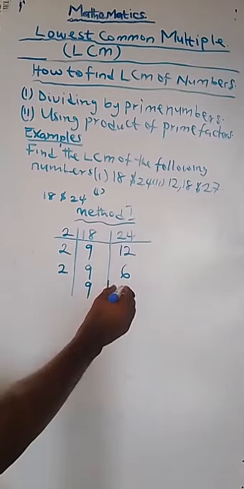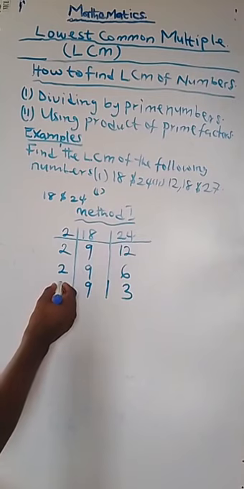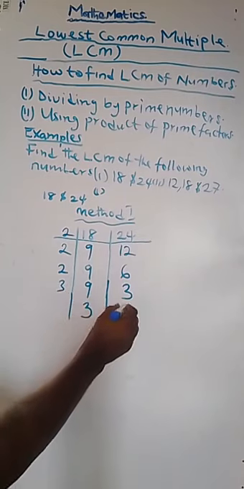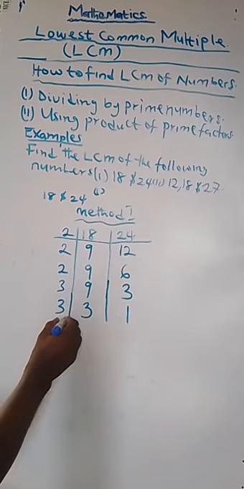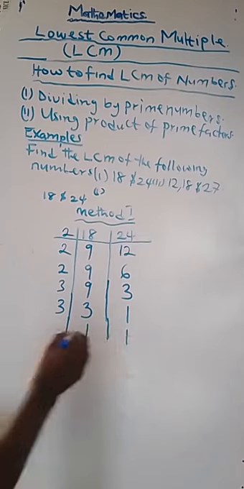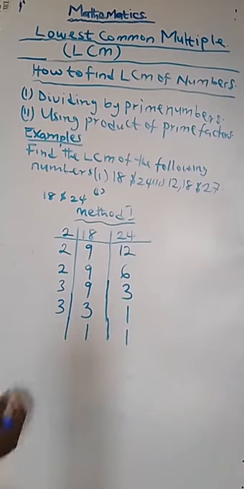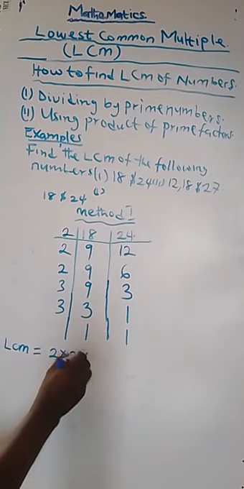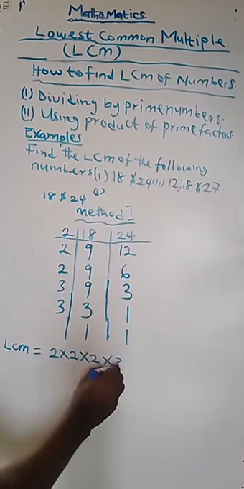9. I have 3. I can't go with 2 again, so I go with 3 now. 3 in 9, 3. 3 in 3, 1. I can go with 3 again. 3 in 3, 1. Once you have 1 and 1, then you stop. Then you write your LCM. LCM equals 2 times 2 times 2 times 3 times 3.